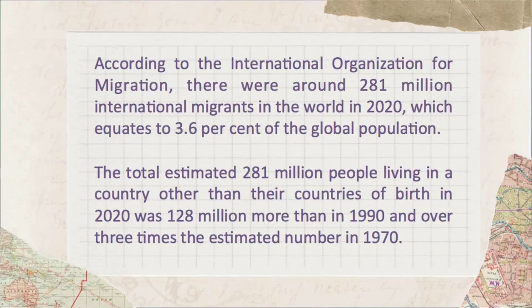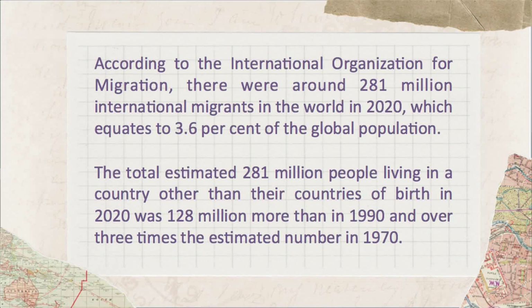Now, we are all aware that migration has been gradually increasing over the years. According to the International Organization for Migration, there were around 281 million international migrants in the world in 2020, which equates to 3.6% of the global population.